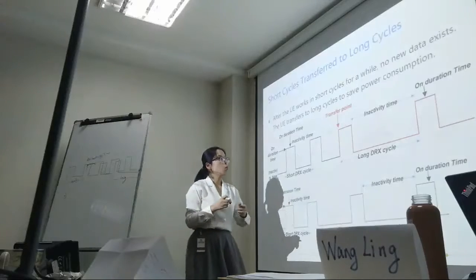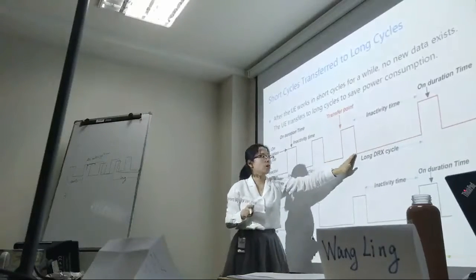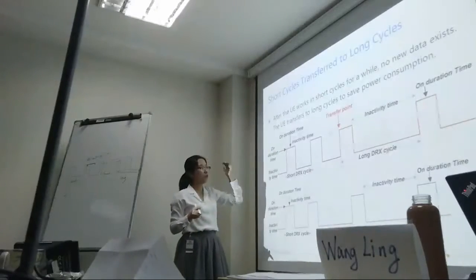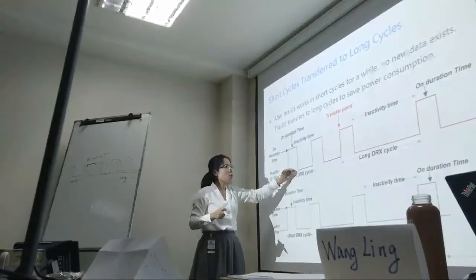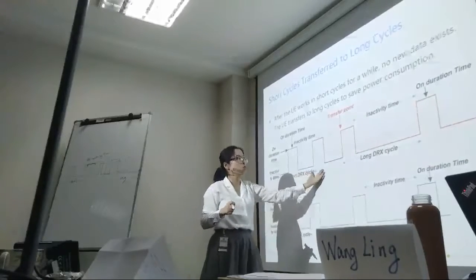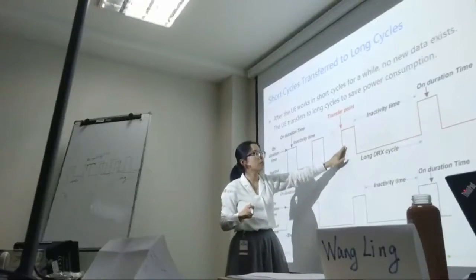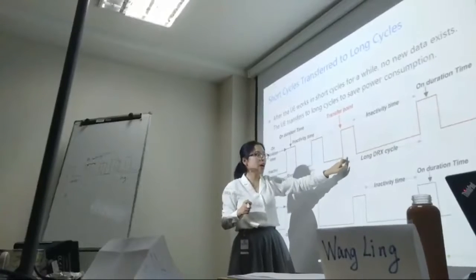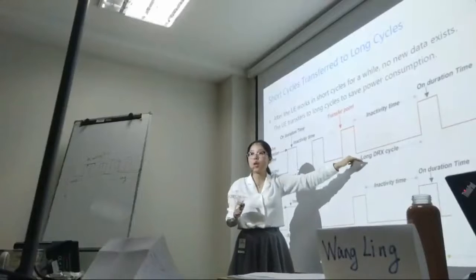For the transition from short to long, usually if we go through several continuous short cycles, the transfer point may be exactly the long DRX start time. Then we will start the long DRX.